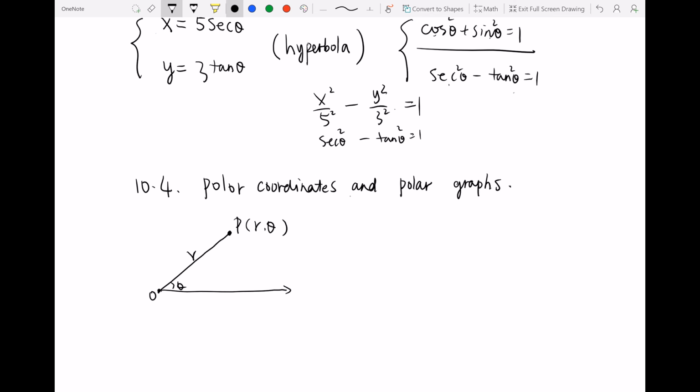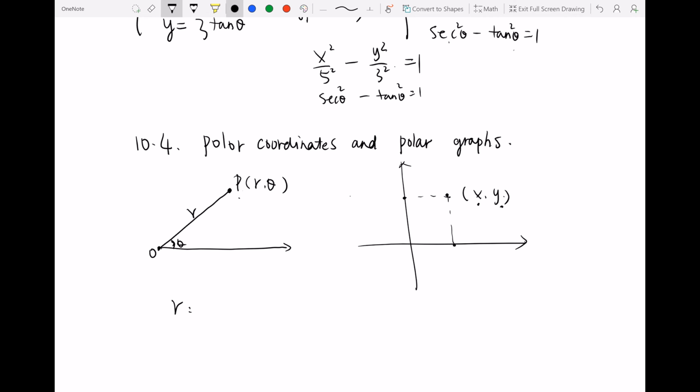Give you OP and a direction, the angle theta, and P is determined by this length and the angle. Well, in the rectangular system, P is determined by the x value and the y value. In polar coordinates, the point is determined by the length of the radius and then the angle theta.